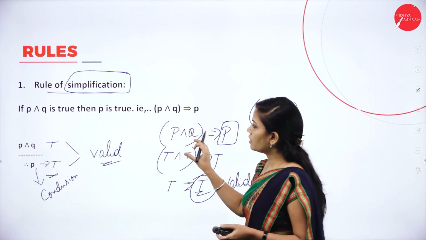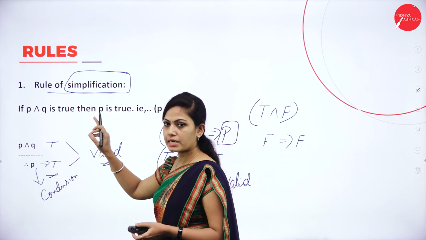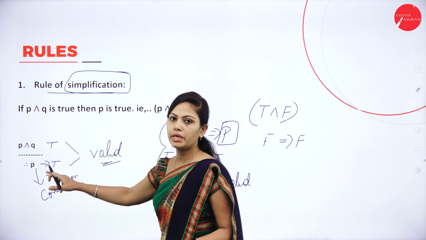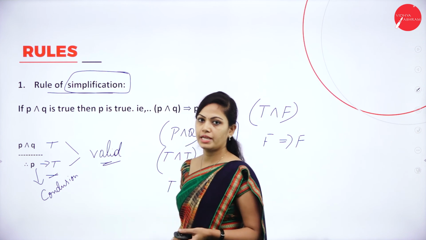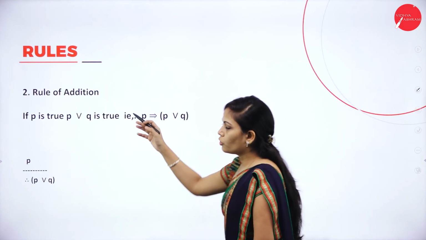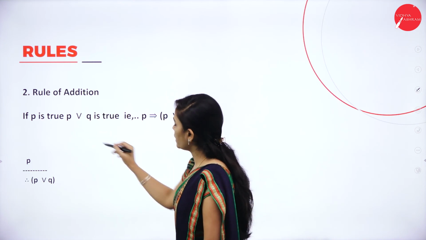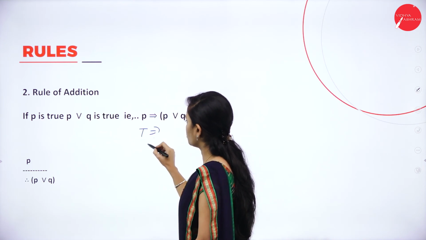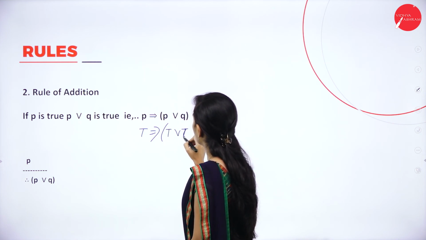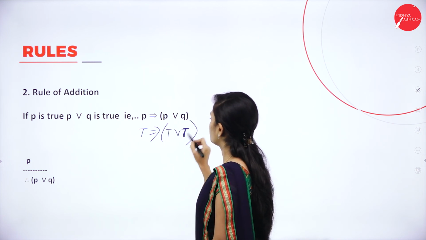It is very simple. Simplification rule states that if P and Q is true, then P must be true. That is called simplification. And the next statement is rule of addition. Rule of addition states that if P is true, then P or Q is also true.